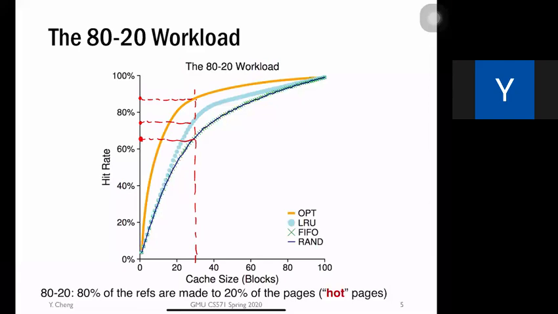At the top, the best cache replacement policy is obviously OPT, which is somewhere between 85 and 90, let's say 87. And then the next one, at the second level, is LRU.